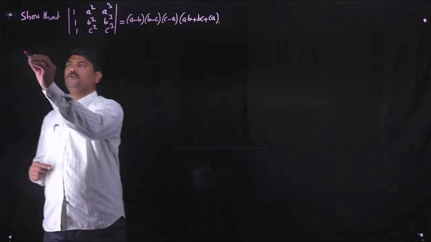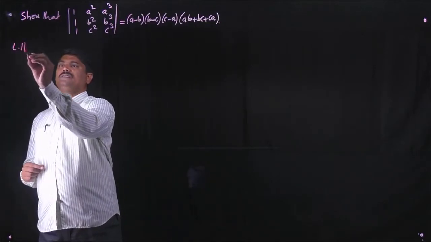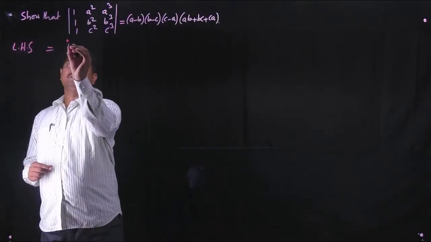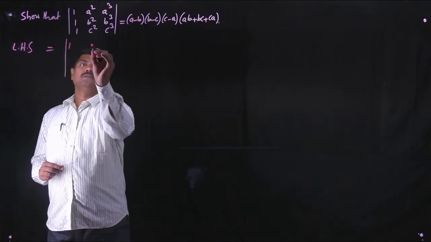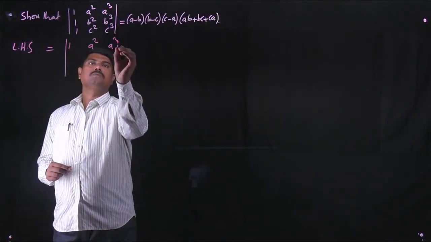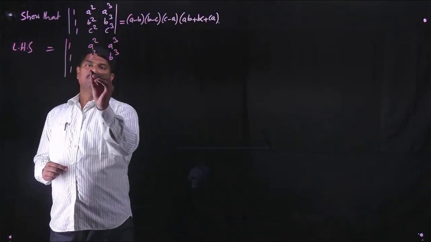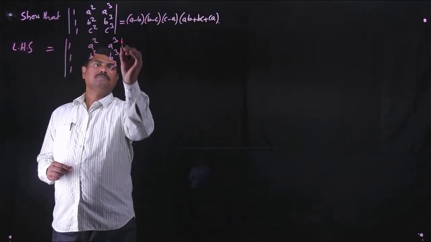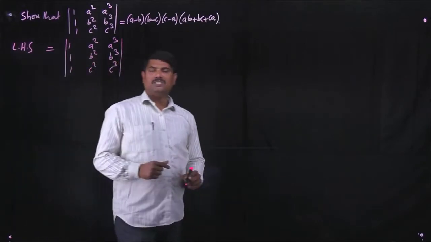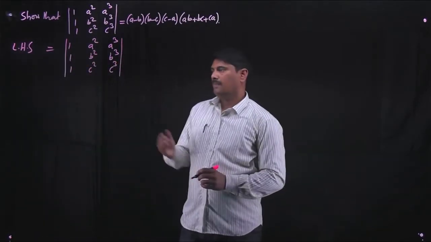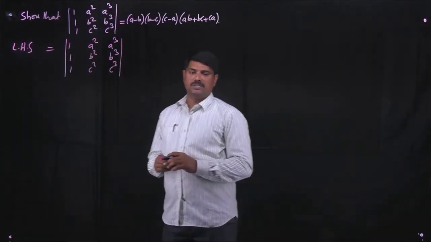So for that proof, let us start the answer with LHS, that is the determinant 1, a square, a cube; 1, b square, b cube; 1, c square, c cube. By considering LHS, we are going to verify the answer as RHS.